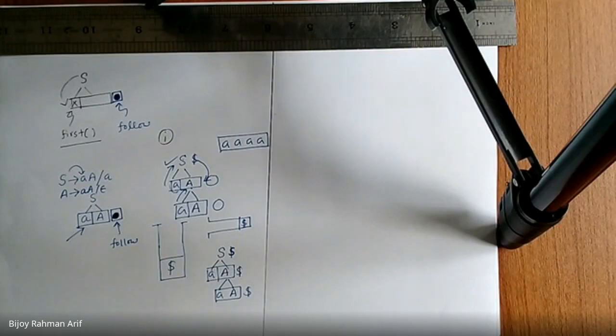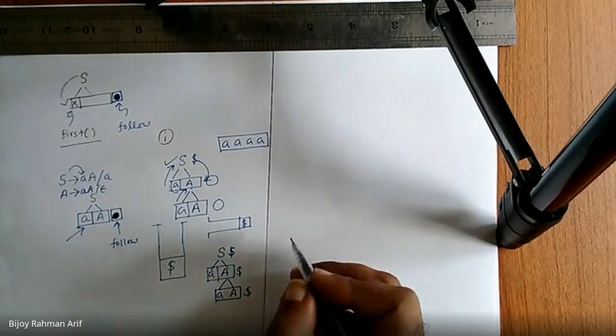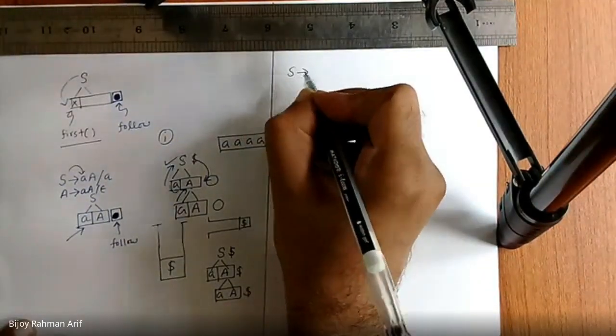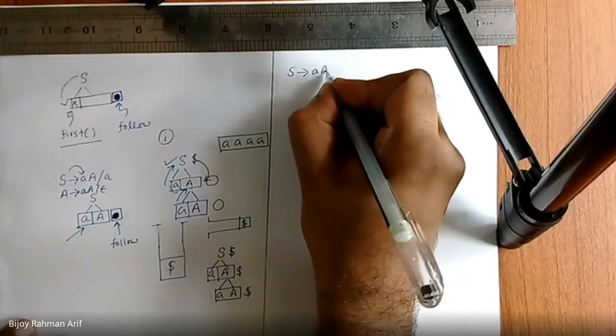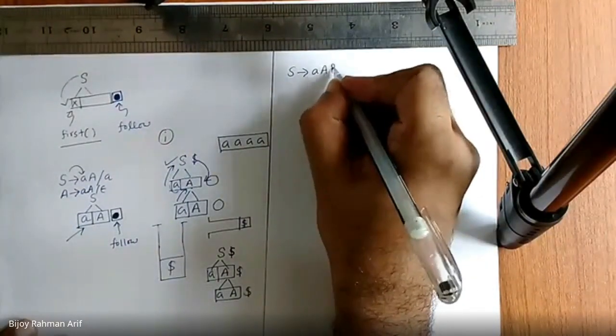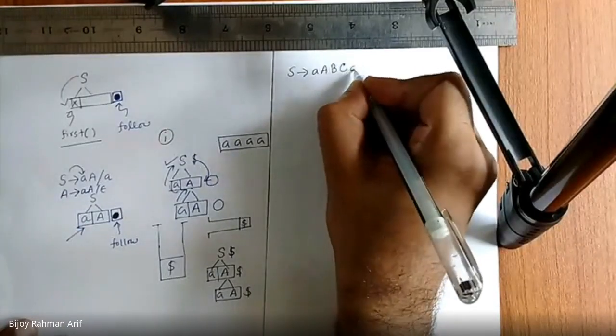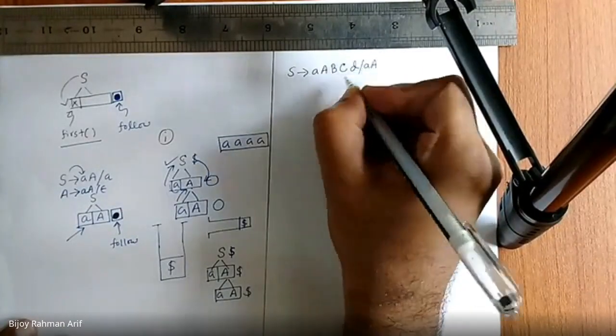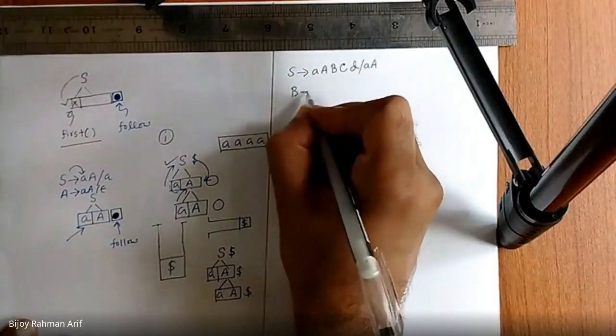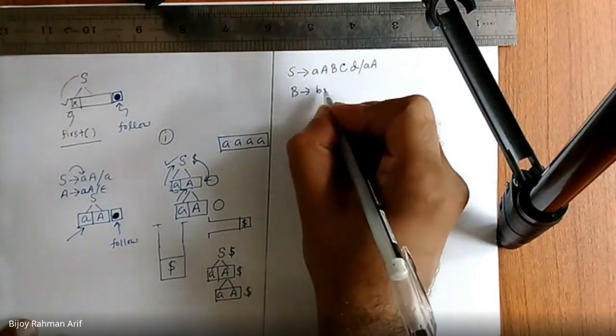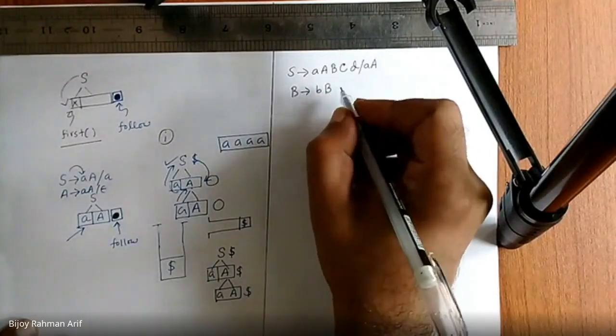Let's take this example. So this one is the example. S derives A, capital A, capital B, capital C, small d, small a, capital A. B derives small b, capital B, small b.